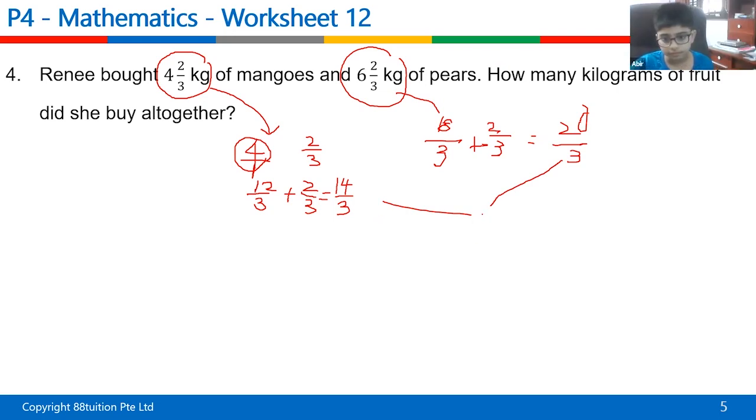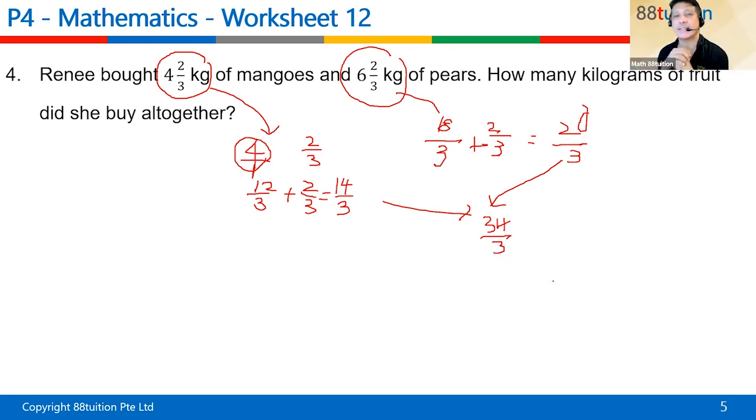When you add them together, you get what? 34 out of 3. But we cannot leave our answer like that. So how?